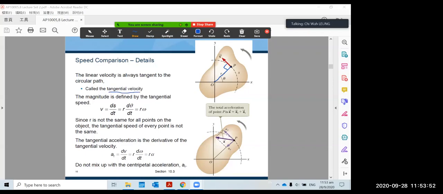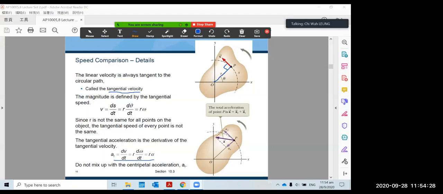That is why we call this not just a linear velocity, but the tangential velocity. When the object is undergoing circular motion, of course, it has an angular speed, but every single particle on the object would have a tangential velocity, the velocity of the particle perpendicular to the radius of motion. And similarly, you have the linear acceleration equal to r times alpha, which could be obtained by the equation shown here.